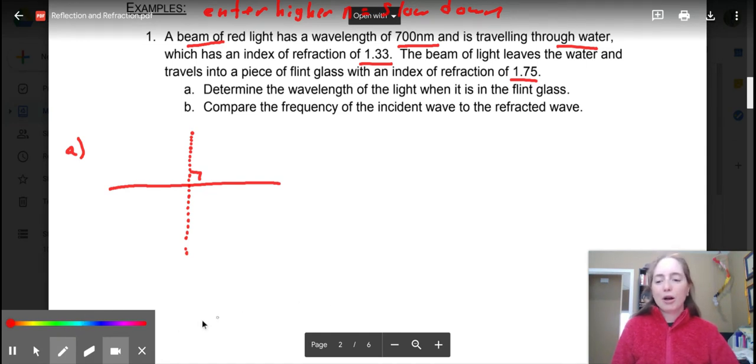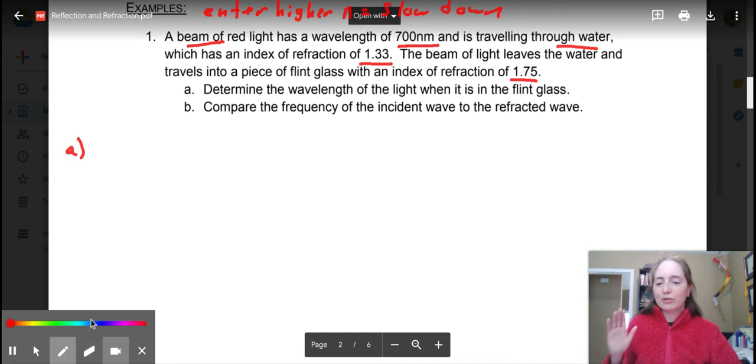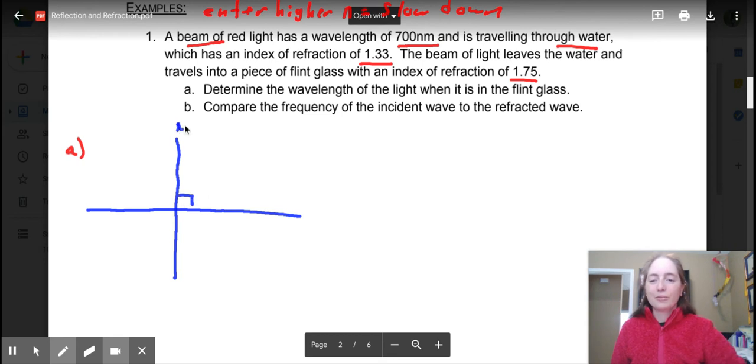I drew our background in red, and then I can't draw the red light in red. That would drive me crazy. So we're going to draw our media and materials in blue. There we go. So here's our normal.